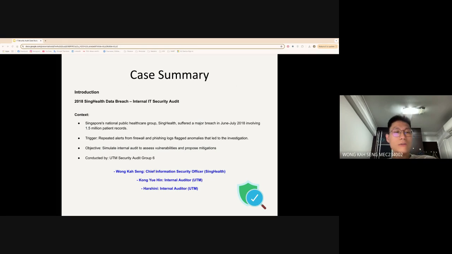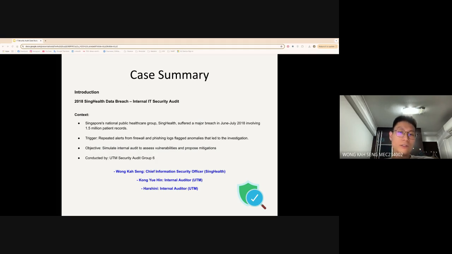Our objective is to simulate an internal audit response, not just to assess what went wrong, but also to identify the vulnerabilities, evaluate the risk, and propose sustainable improvements moving forward. Assisting in this simulation are two auditors from the UTM Security Audit Group 6: Yue Hin and Harshini.